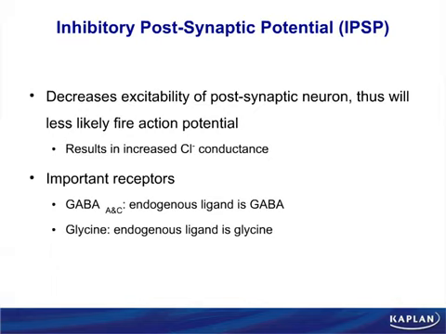Chloride conductance. Remember, if I increase the conductance to chloride, I'm going to drive that cell toward equilibrium for chloride, which is around minus 76. If that cell's sitting at minus 76, then it's not going to get to that minus 55 threshold, is it? Nope, it's going to be inhibited.